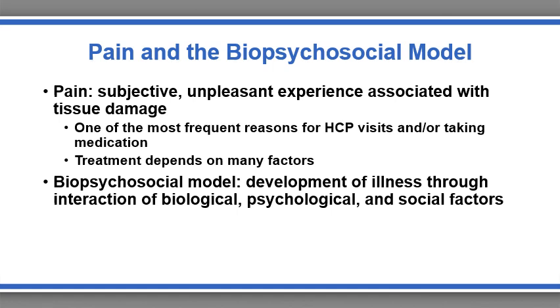So pain is a pretty complex thing. It's not as simple as, in the case of what we deal with in sports medicine, they have an ankle sprain, and this is going to be the pain experience from that. It can vary from person to person.